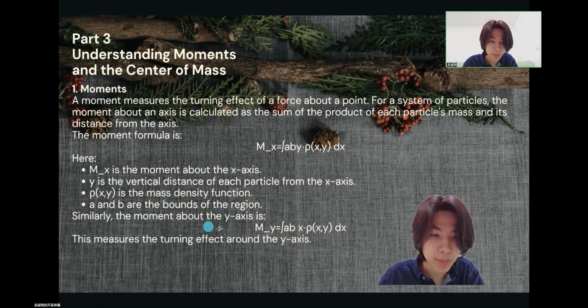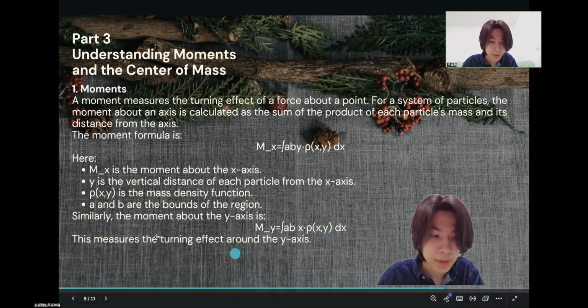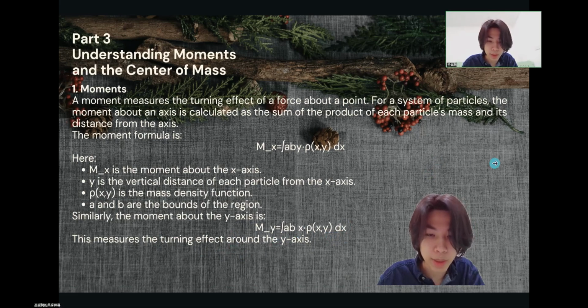Similarly, the moment about the y-axis equals the integral from a to b of x times the density function of x and y with respect to x. This measures the turning effect around the y-axis.